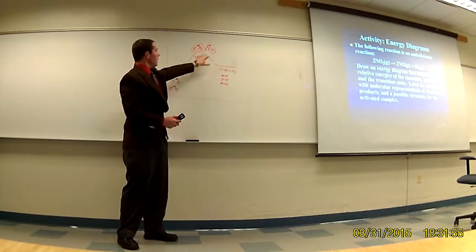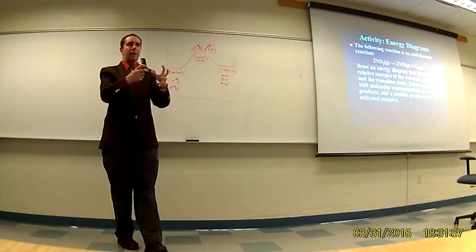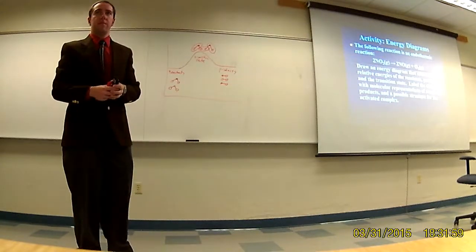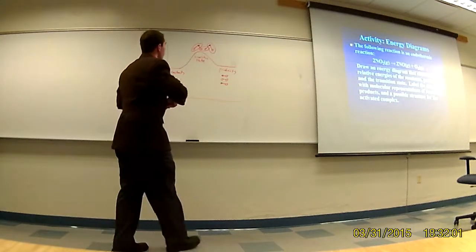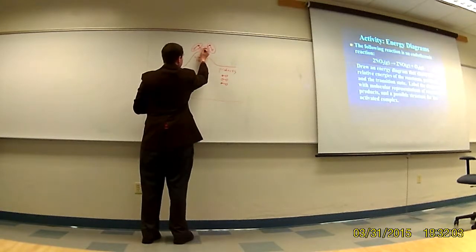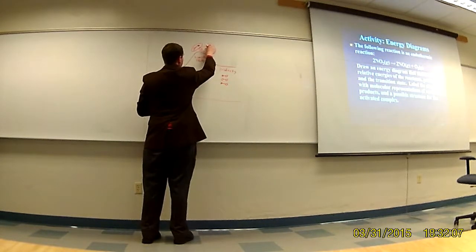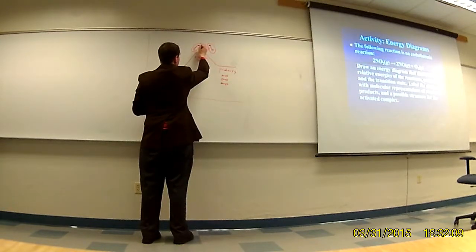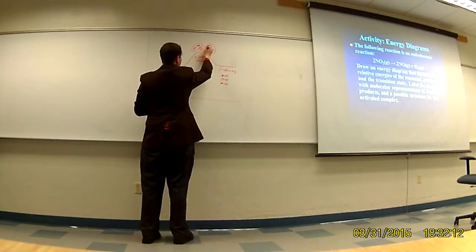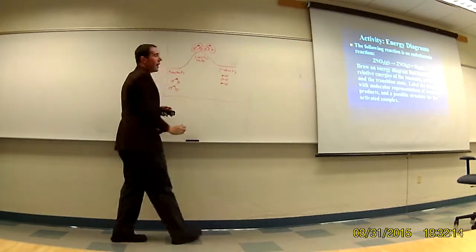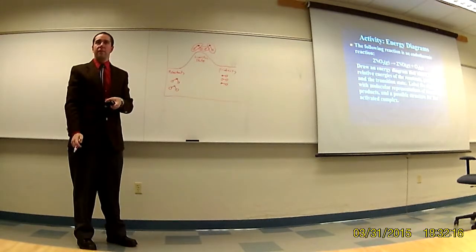To get from here to here, you have to go through something that's kind of a mixture of both of them. So if you were really drawing this, it's possible the next slide shows this, the bonds that are breaking and the bonds that are forming would be dotted lines.